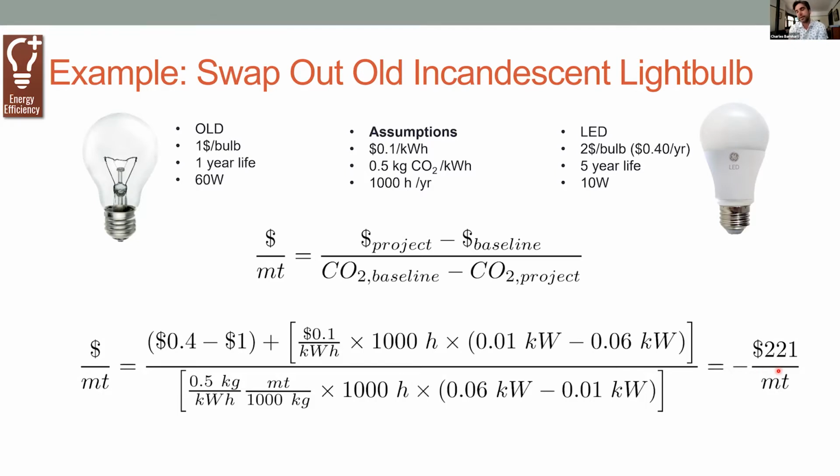The marginal abatement cost gets kind of confusing when it's negative, especially when it gets really close to a very small abatement of CO2, because that means the denominator goes towards zero, and so the result will go towards infinity. And so that's why it's really important also to look at how many emissions are actually avoided.